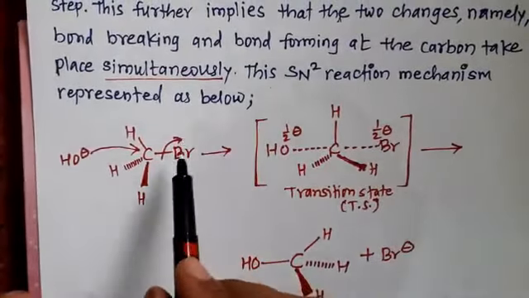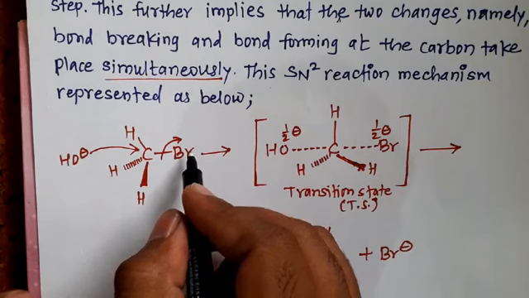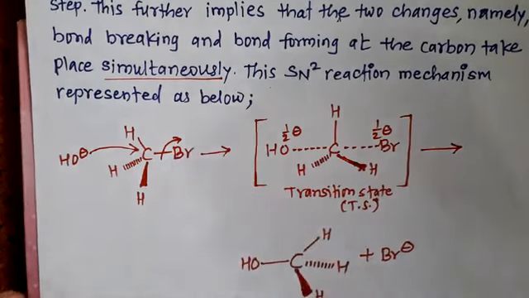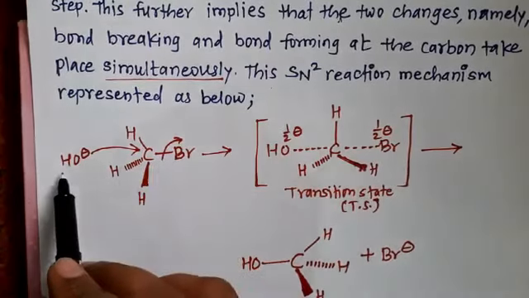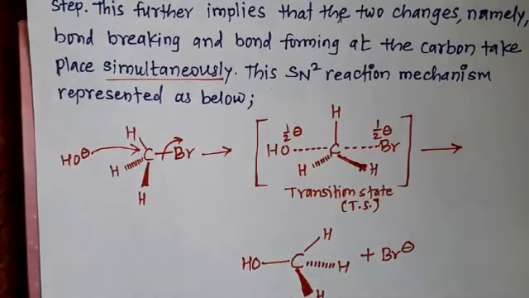Because Br is a bulkier group, both OH minus and Br repel each other, and electrostatic repulsion takes place between both groups.